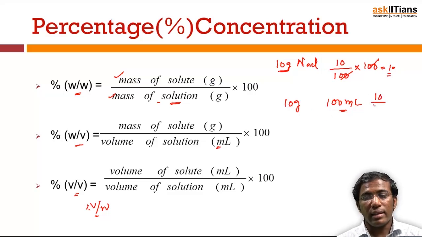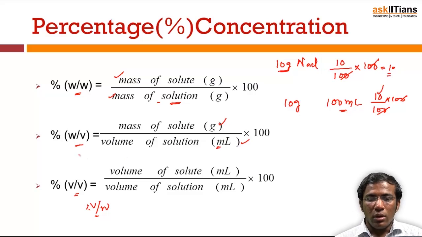I added 10 gram of solute to the 100 ml of the solution. So 10 by 100 into 100. How much will I get? I'll get 10. So 10 represents the weight by volume percentage. Here I need to take mass in grams and volume in milliliters. So don't forget this.